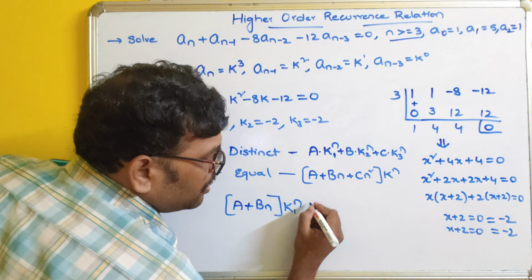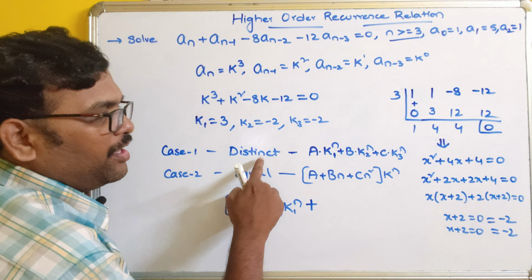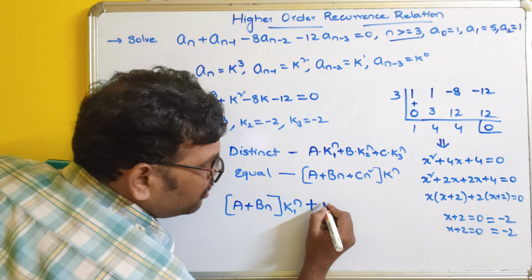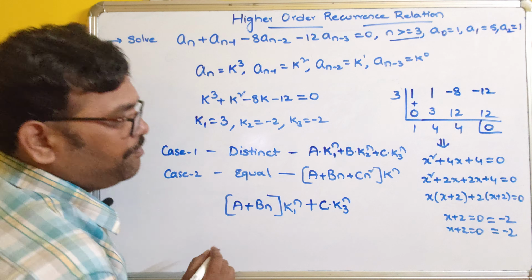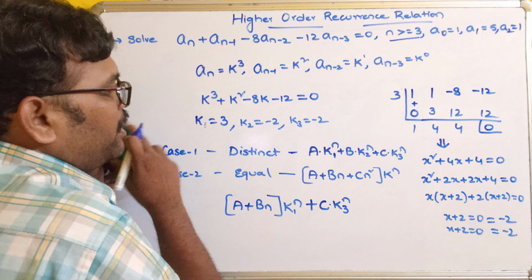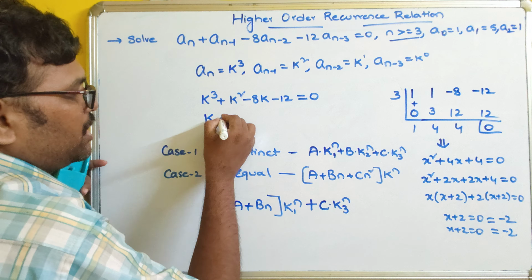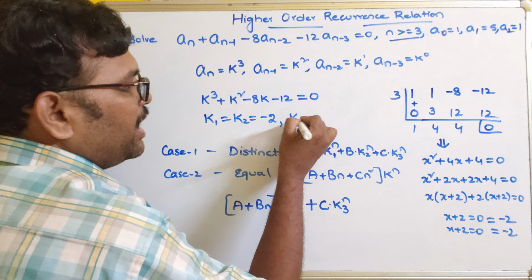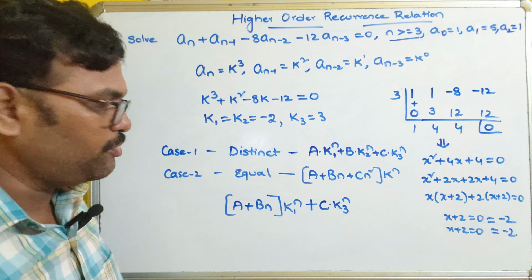Plus, if the root is different, it is c into k3 power n. So without any confusion, let us take k1 is equal to k2 is equal to minus 2 and k3 is equal to 3, because the roots are 3, minus 2 and minus 2.